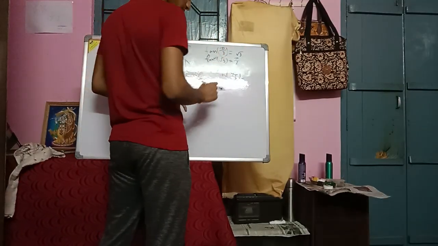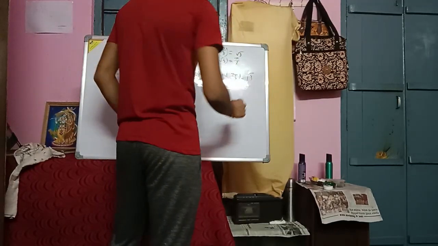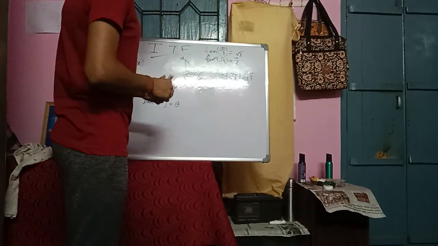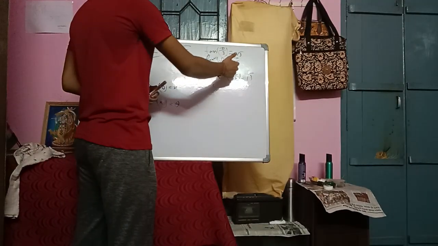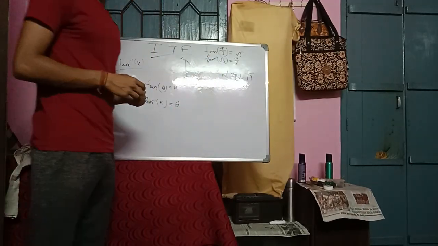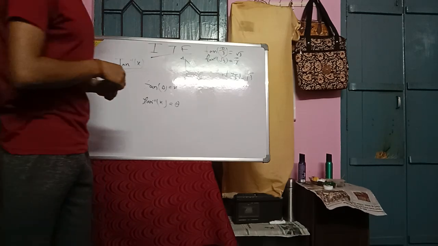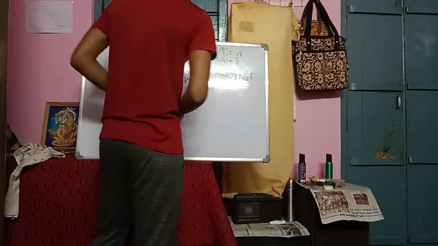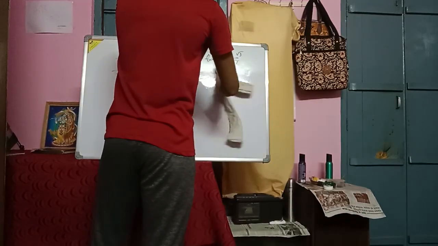Tan pi over 3 is root 3, and tan 4 pi over 3 is root 3 as well. So saying that pi over 3 is the only solution for tan inverse root 3 is incorrect. There are countless, numerous possible values of tan inverse root 3, and we have to write them all in a general format.